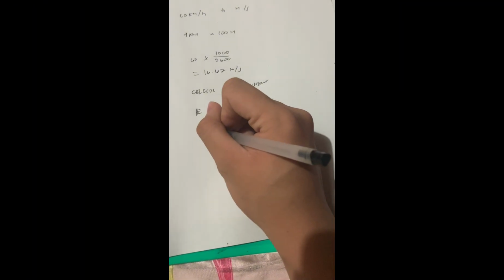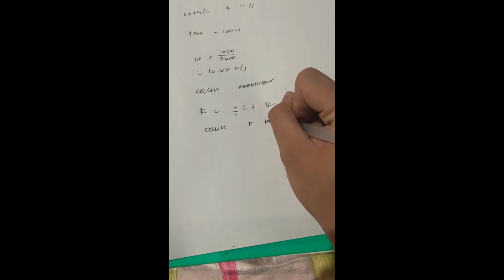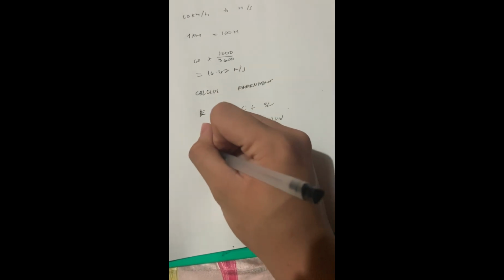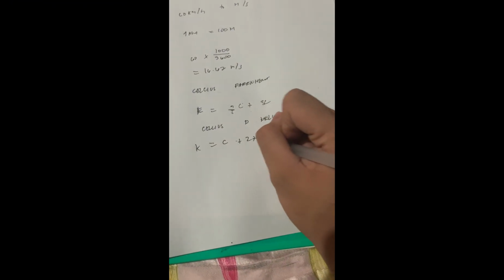The formula for Celsius to Kelvin is Kelvin equals Celsius plus 273.